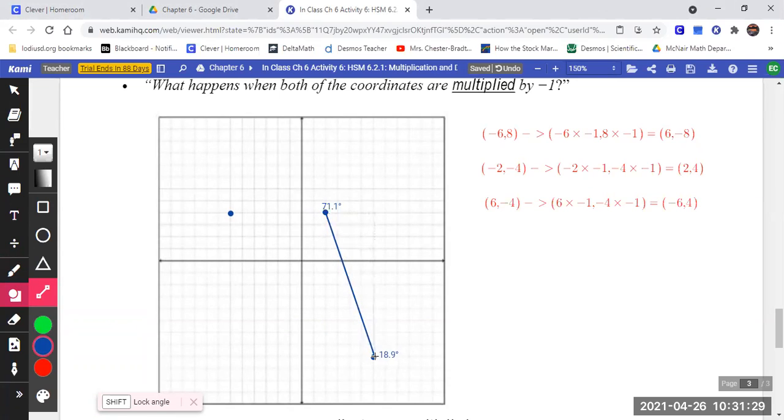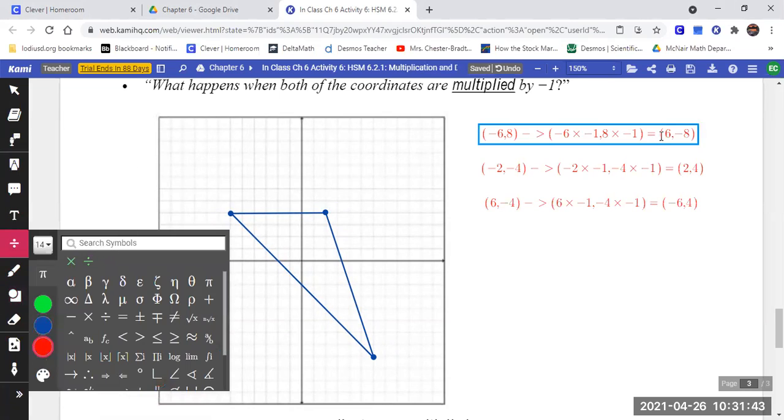What happened? Did it change size? Is this bigger or smaller than the original?